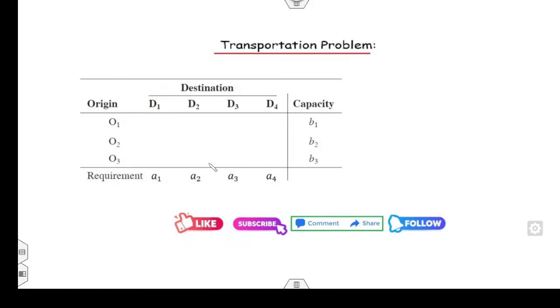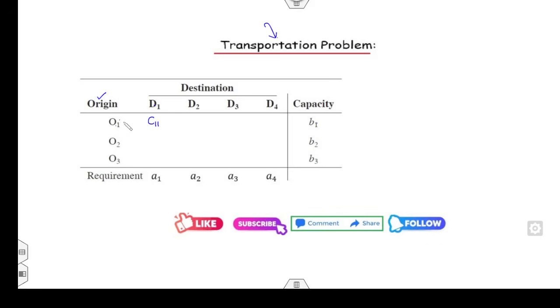What have we discussed so far related to the transportation problem? If you have some origins, say O1, O2, O3, and destinations D1, D2, D3 and D4. The capacity of each origin is denoted by B1, B2, B3, and the requirements for the destinations Dj are denoted by Aj, such that the transportation cost from O1 to D1 is denoted by C11.